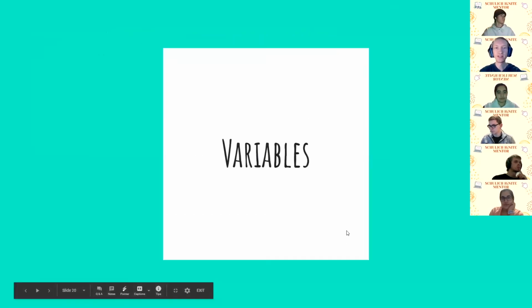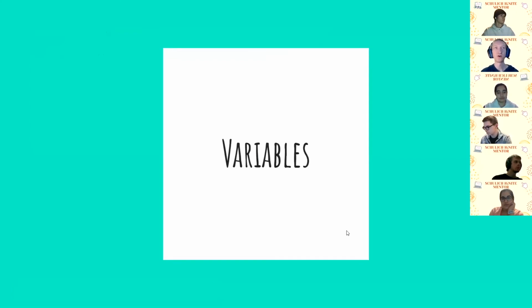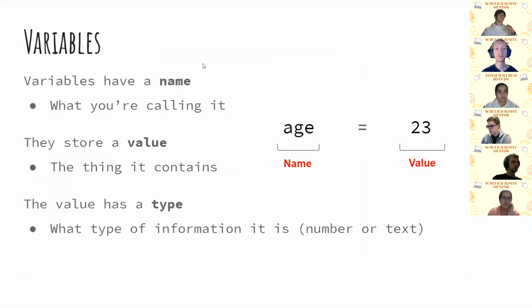All right, so now the next part that we're going to be going over is variables. Variables are very important. You're going to be using them a lot, and they're going to help you in a lot of different ways. So a variable is much like a box or a container for something. You're able to take a value and put it into that box, and that box is going to have a label on it.